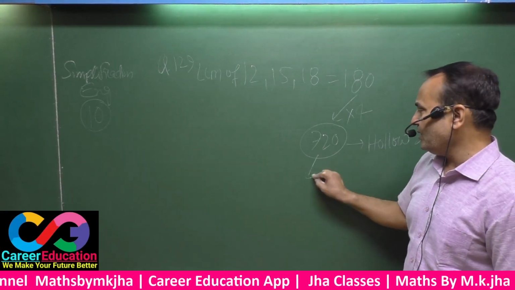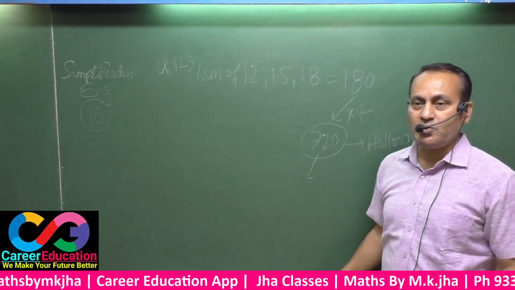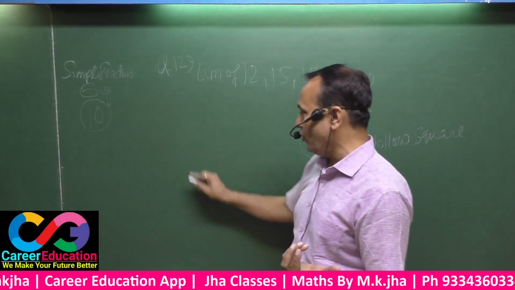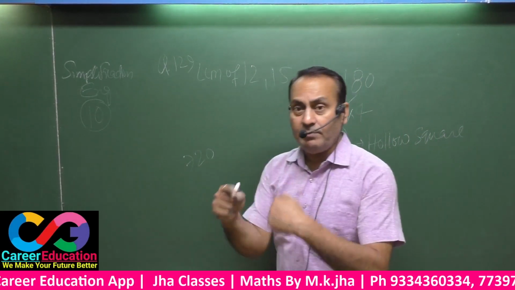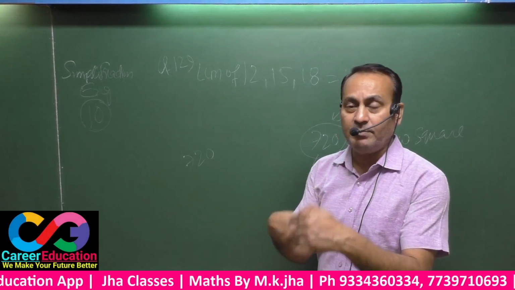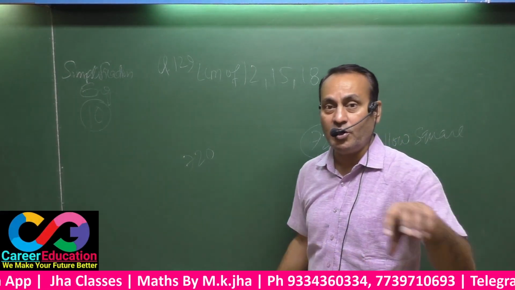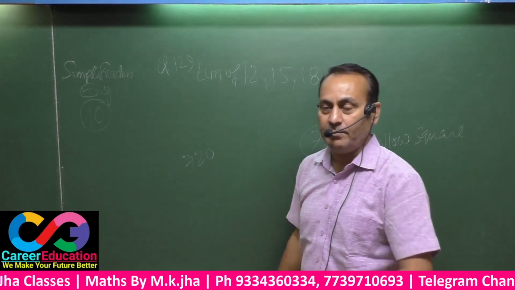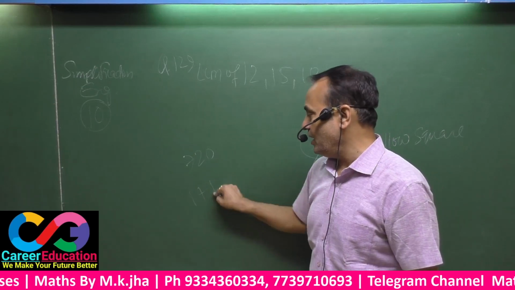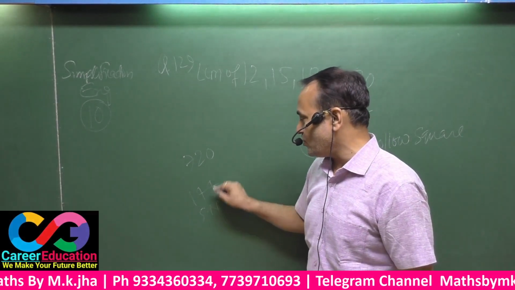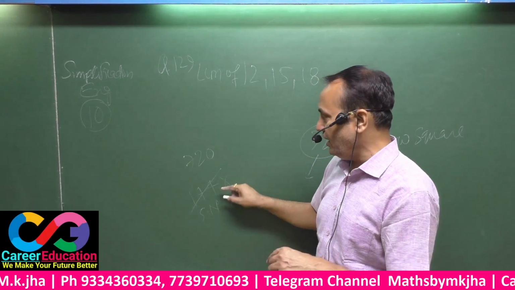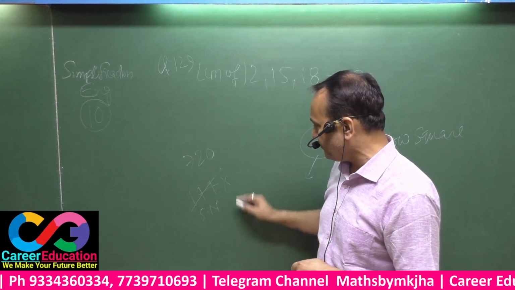For that, you have to make this a square number. In the last class, you have gone through this. What least number must be multiplied to 720 in order to make it a perfect square number? For that, you divide this given number by one square number. You got 144. That will divide this number by 5.